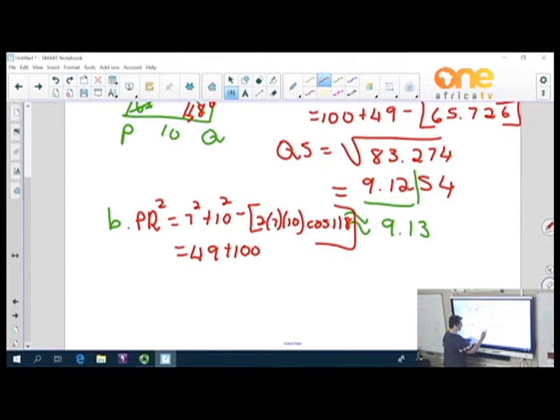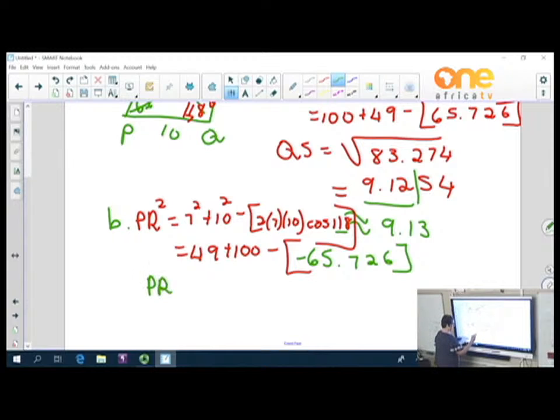It should be a negative again. We'll have a negative value there because of that obtuse angle. So it's negative 65.726. So PR is equal to, I need to get the square root there. So it's 49 plus 100 plus, a negative times a negative is a positive.